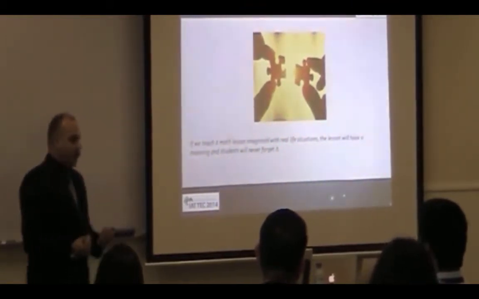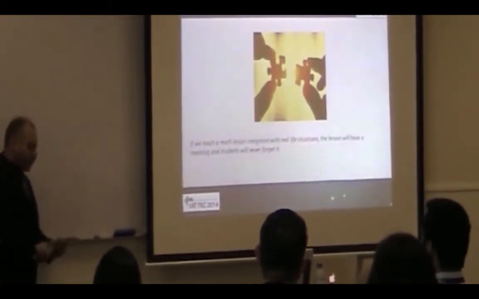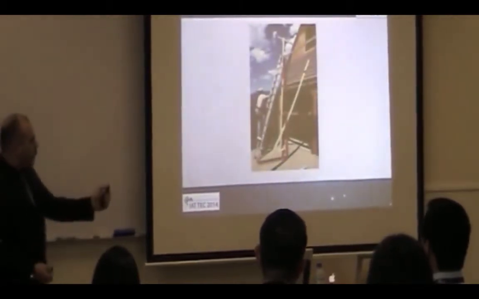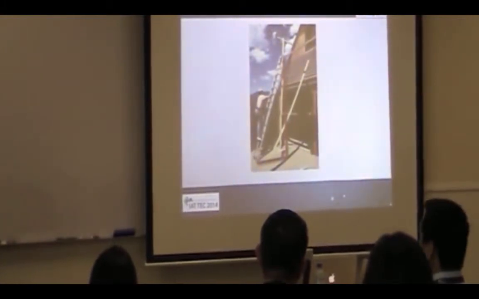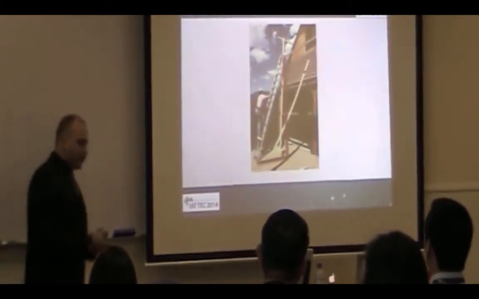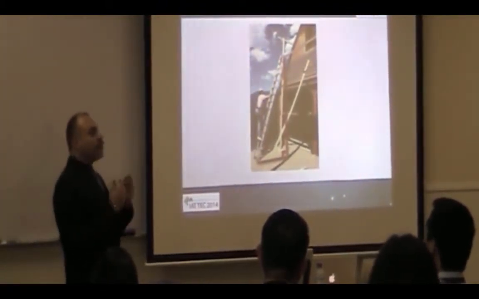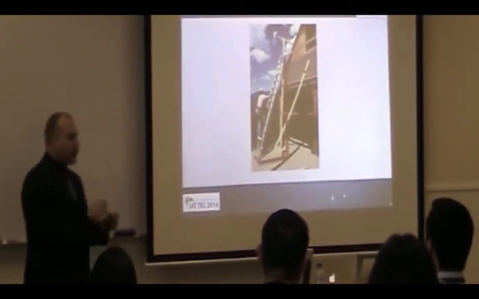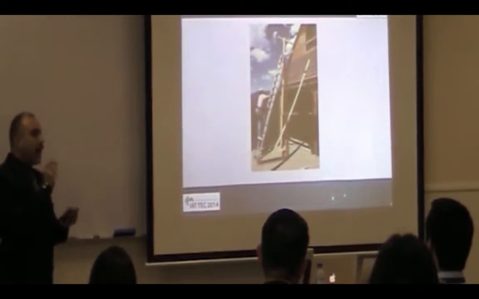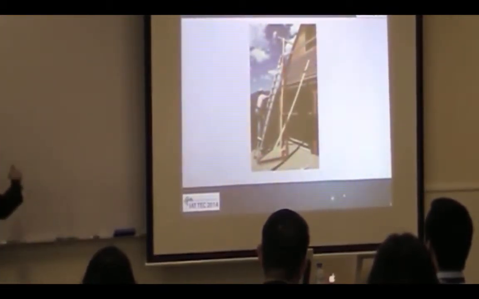But if I connect it with a real life situation, I give them this picture and the 3 sides, and I ask them to find the relation between the lengths of the 3 sides. I help the students to find the relation between the three sides. In this case, the Pythagorean theorem will have a meaning for the student. Now, I can come back and tell them the theorem and start solving applications on it.